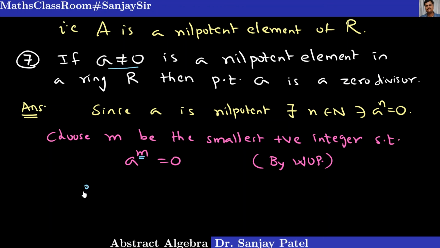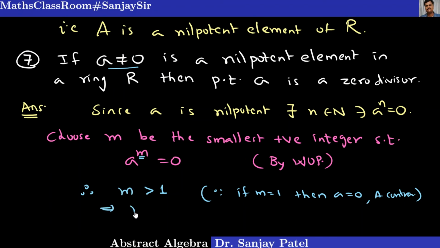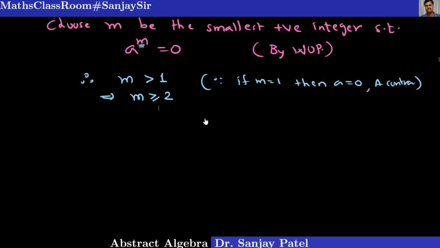So therefore this m is greater than 1, because if m is equal to 1, we have a equal to 0, a contradiction. So m is greater than or equal to 2. So the minimum value of m is, say, 2.